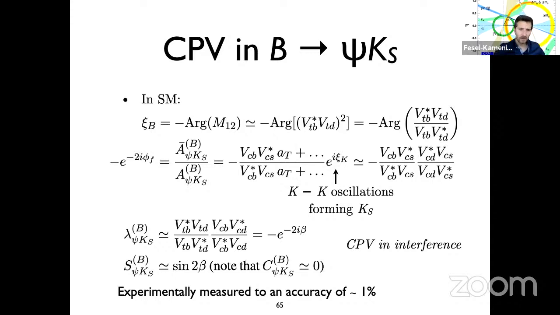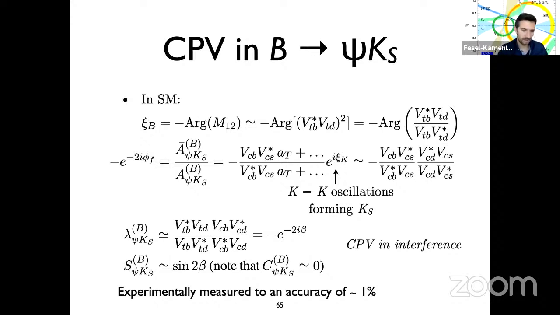So what we observe here is that since we are actually measuring the phase differences, where the first phase is coming from the relative phases of the B naught and B naught bar eigenstates, and the second phase is the relative phase of the B naught to K short and B naught bar to K short decay amplitudes, in this measurement we are actually measuring CP violation in interference between oscillation and decay amplitudes.